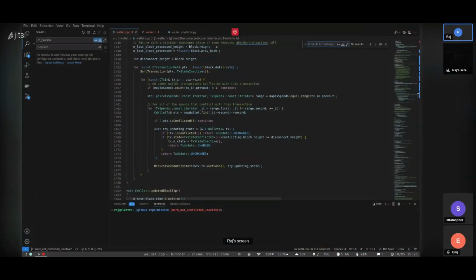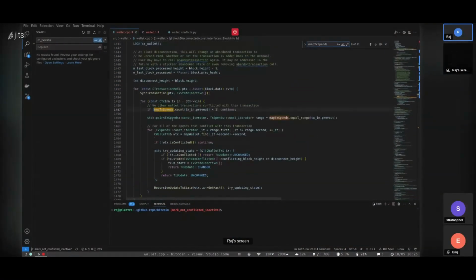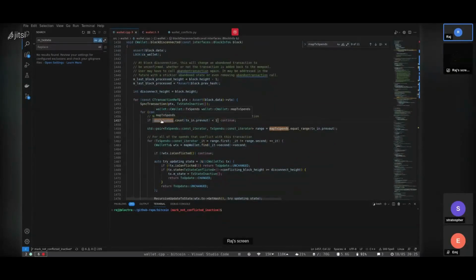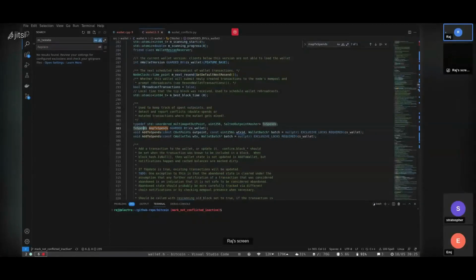Find that out. Emily, do you want to go ahead and give a shot at what mapTxSpends is? What is this structure? This is the definition of the structure.